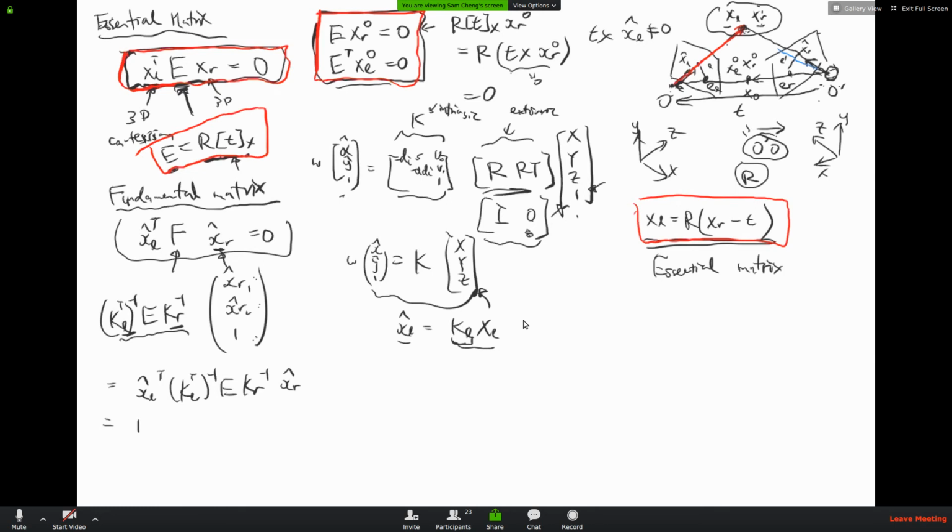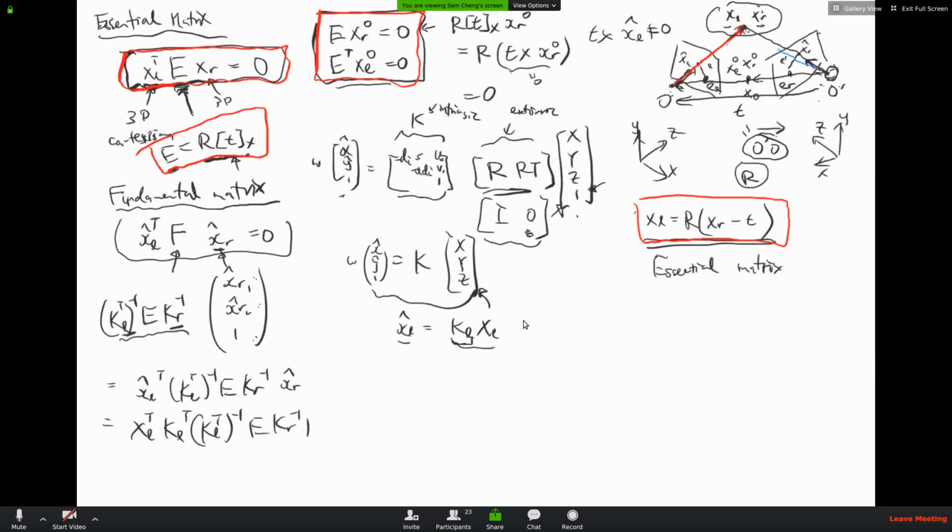Do the transpose, and I have XL transpose KL transpose and KL transpose inverse E KL inverse.